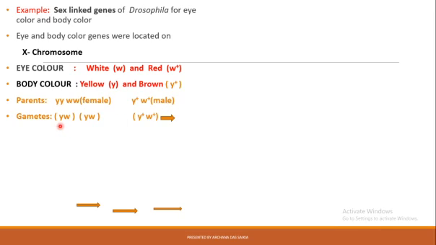So accordingly, the gametes will be formed, the gametes with the X chromosome. Now, as already mentioned, Drosophila has 8 chromosomes in total, out of which 6 are autosomes and 2 are sex chromosomes. So each gamete will have 3 autosomes and 1 sex chromosome.